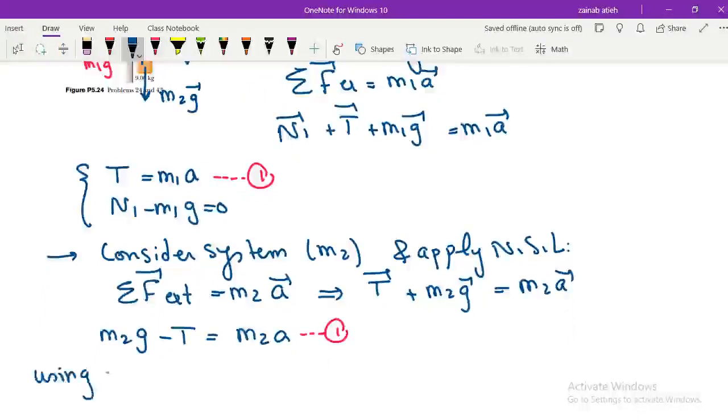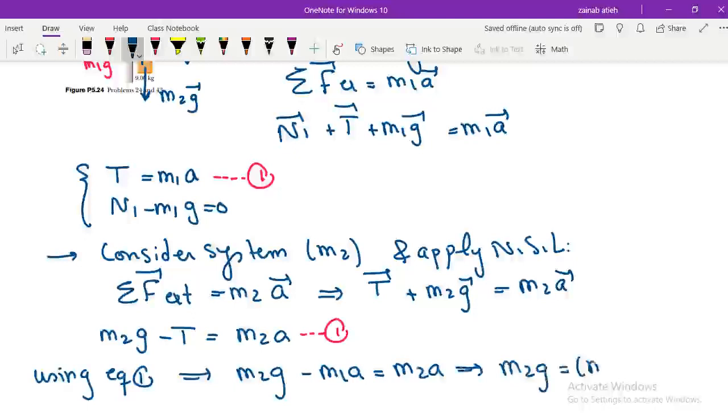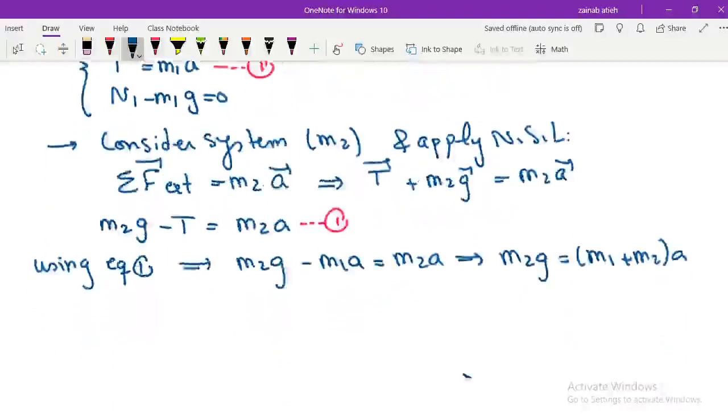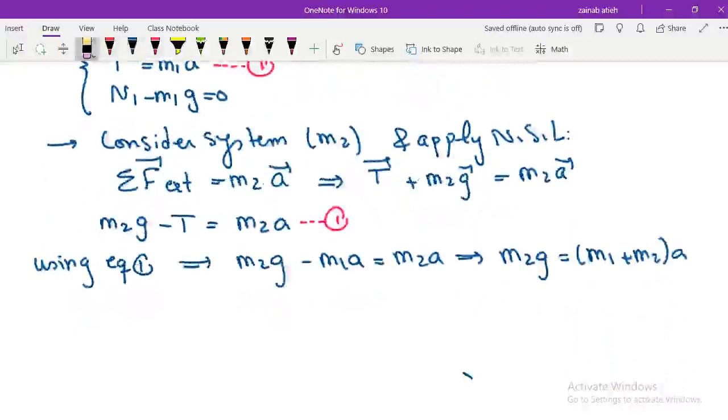Using equation 1, I get M2G minus M1A equals M2A, which implies M2G equals M2A plus M1A, collecting A on one side. So A equals M2G over M1 plus M2.